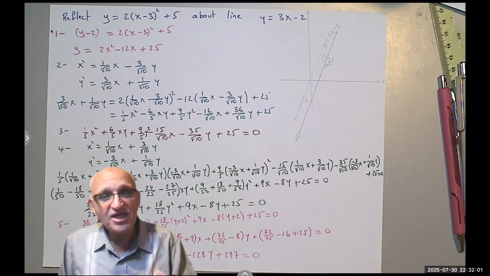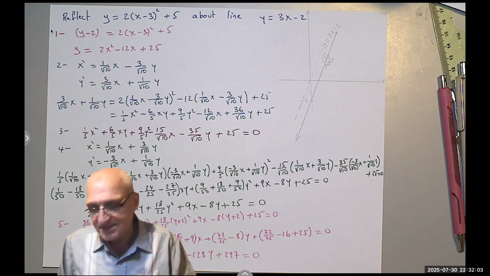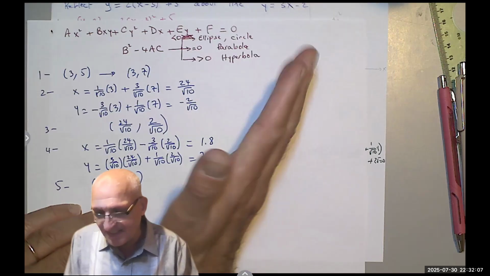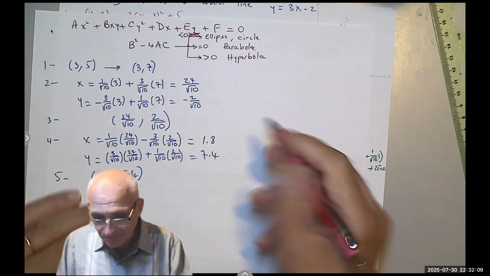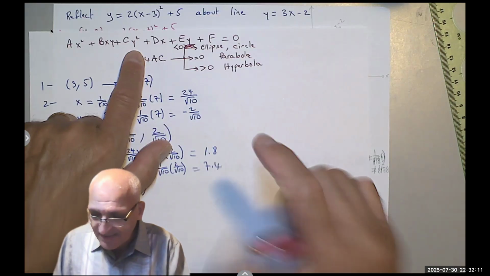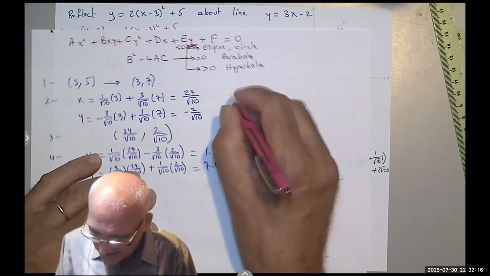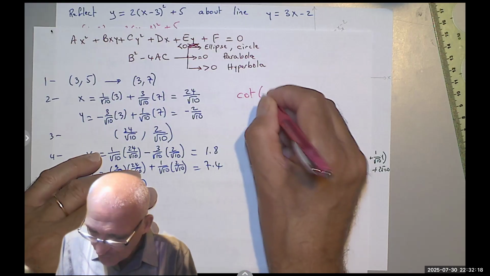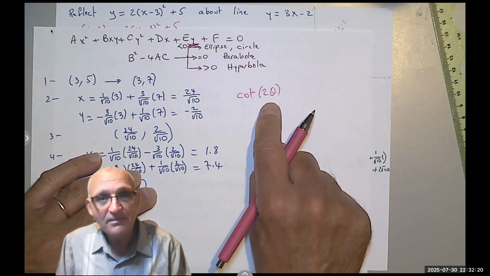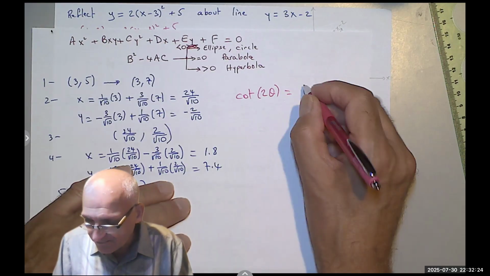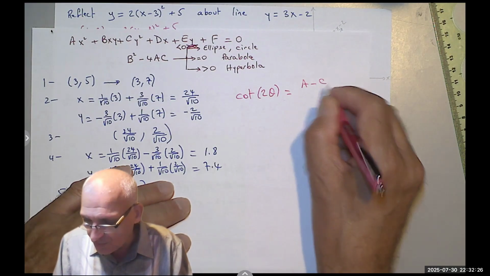There is another check that you can do. It's telling you that if you have an inclined parabola like this one, then for the angle theta between the parabola and the x-axis, cotan 2 theta, twice the angle, is (a minus c) over b.